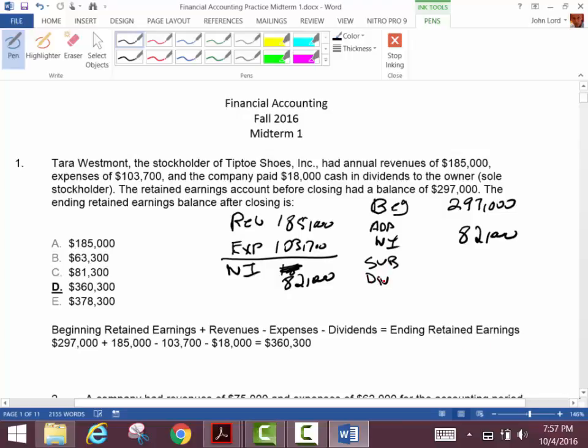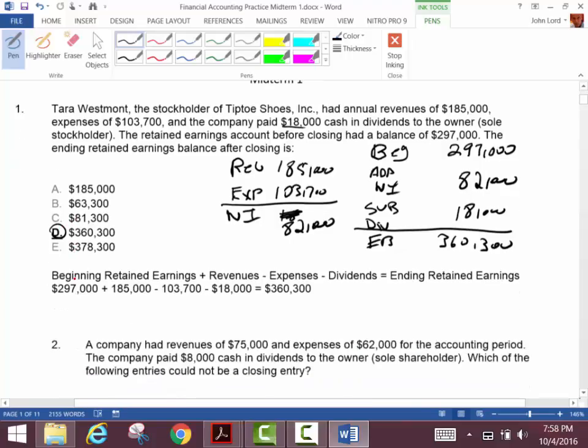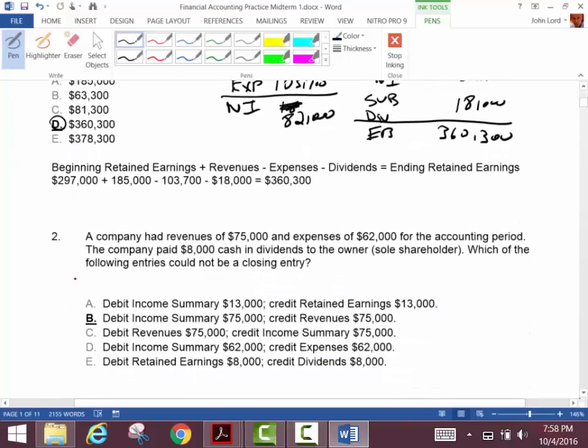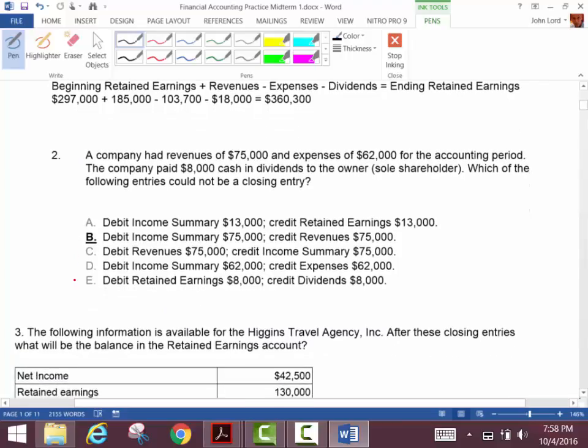Did they tell me the dividend here? 18,000 is the dividend. I subtract the $18,000 dividend. That gives me an ending balance in retained earnings. Is it this 360,300? Okay, good. That's easy enough. Right? Okay, good. Let's take a look at this one, number 2.